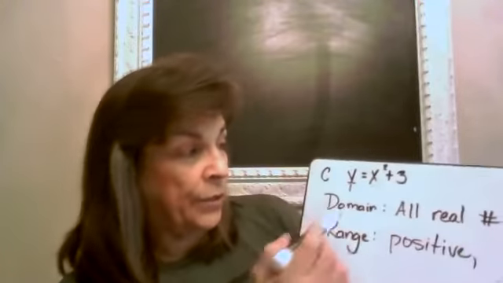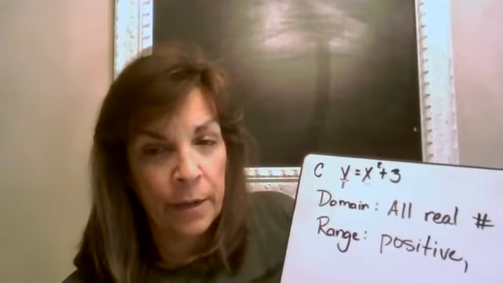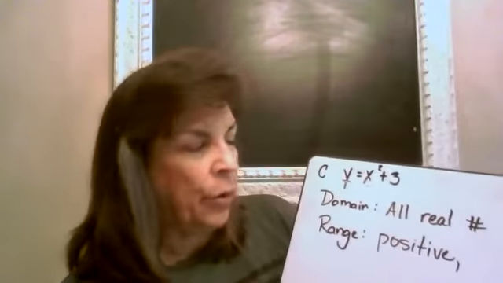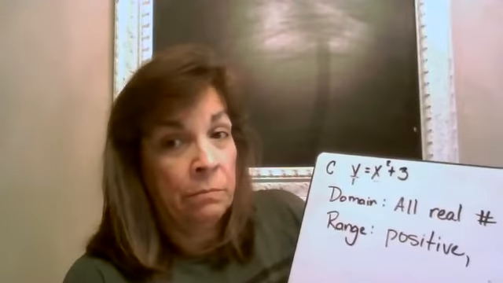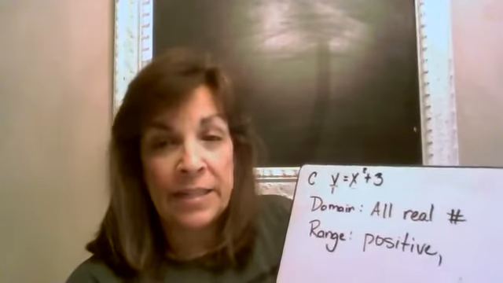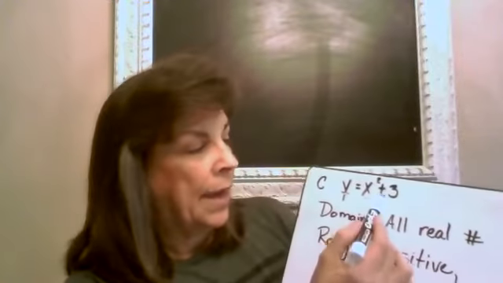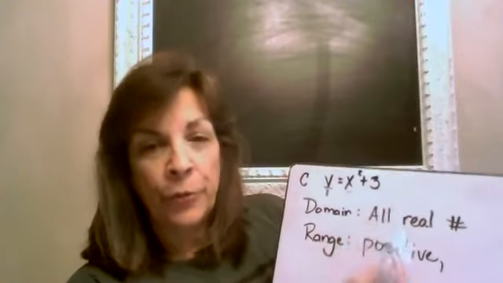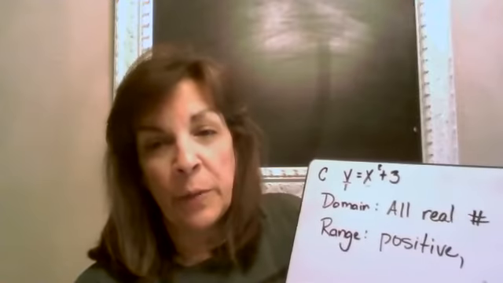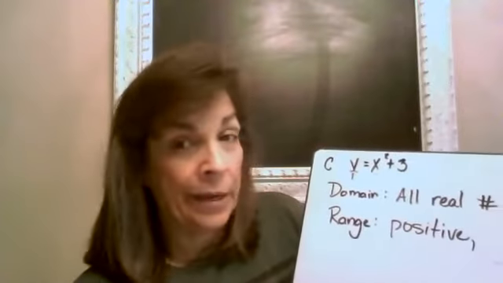Let's see what else. Can I ever use 0 for y? What would it take to get 0 for y? I can't get a negative, so there's no way I can get a 0 or a 1 or a 2. I can't get anything under 3. Whatever I put in for x is never going to go below 3.